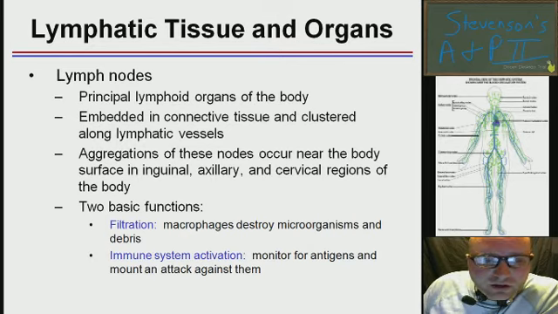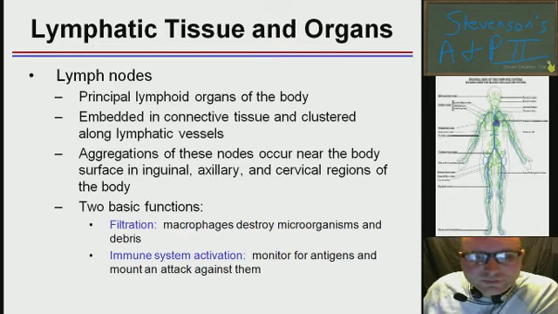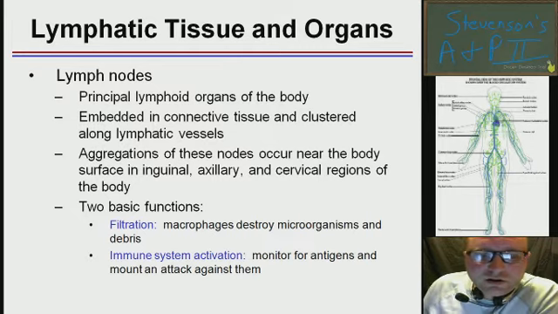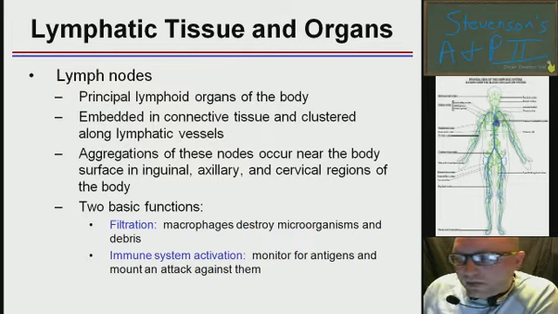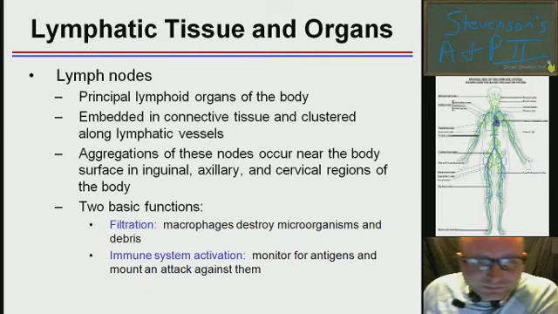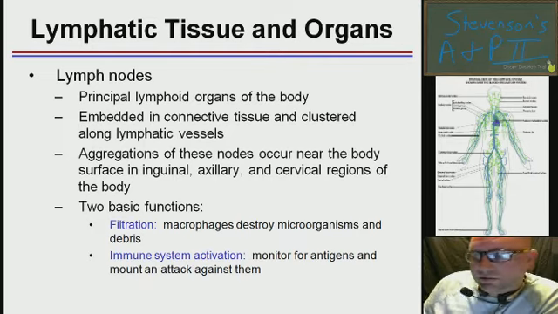Okay, they're also embedded in the connective tissue, as I mentioned before. And aggregates or groups of these nodes occur near the body's surfaces in the inguinal, axillary, and cervical regions of the body. There's two basic functions. Okay, the lymph nodes will filter.